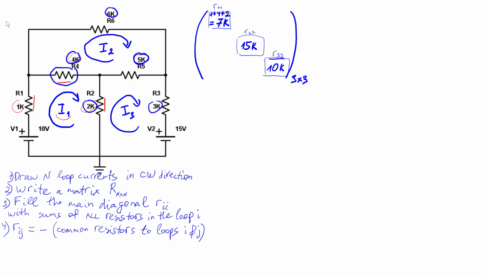So this is R4, which is 4 kilo ohm. We need to put it with minus sign.